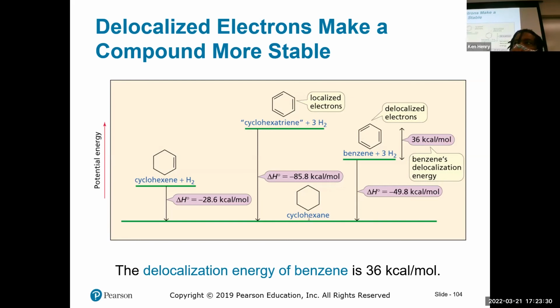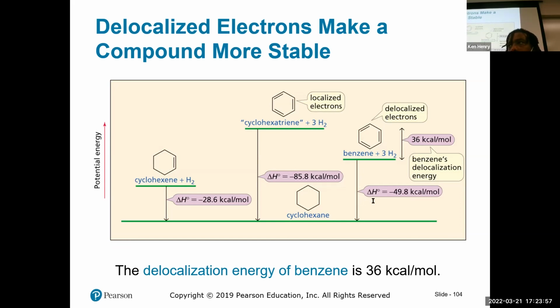This here is cyclohexane. Okay, so we're basically going from hexene to hexane. Hexane will be that ground state. Okay, and then here's benzene, where we have delocalized electrons.